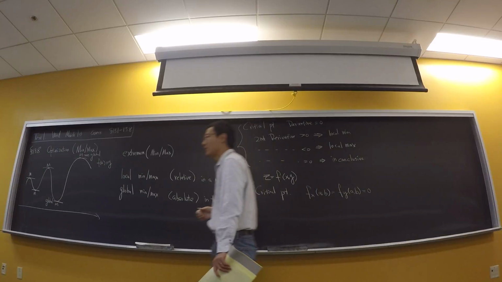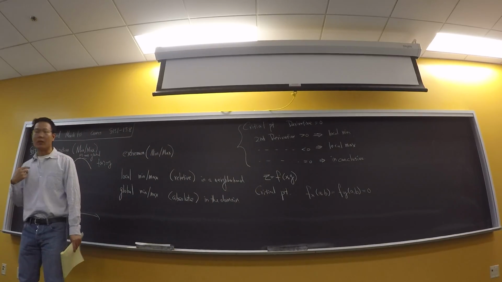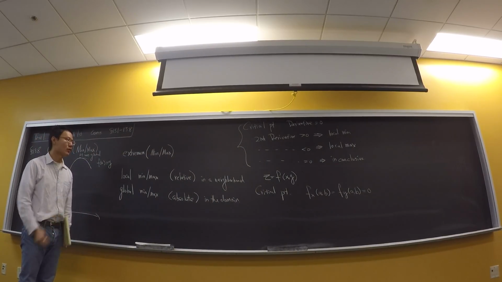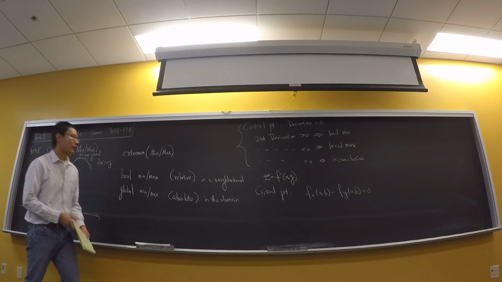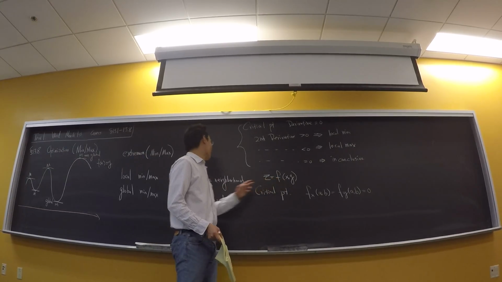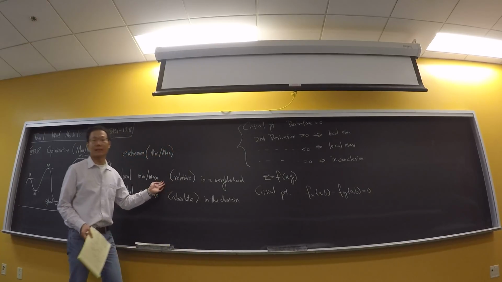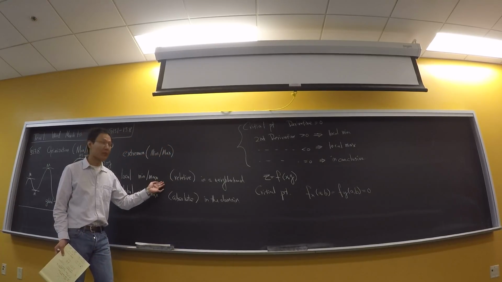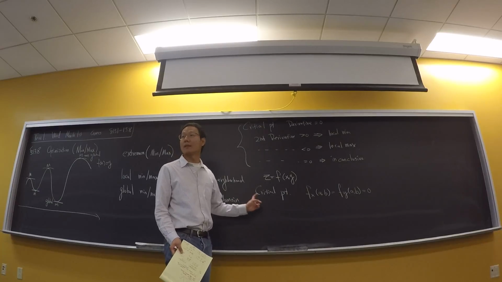We have two first order derivatives at a point (a, b). If it is a critical point, then all the first order derivatives vanish. And for a point (a, b) to be a local maximum or local minimum, basically as long as it is a local extreme, it has to be a critical point.